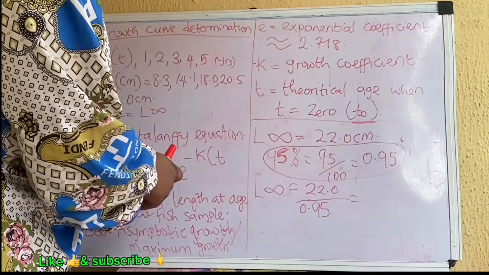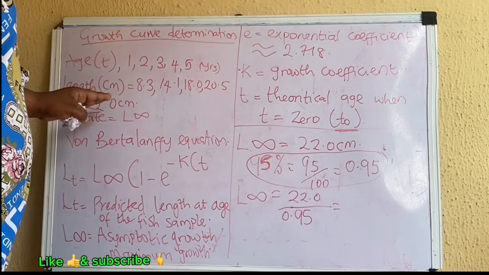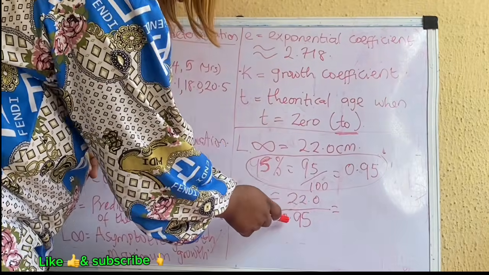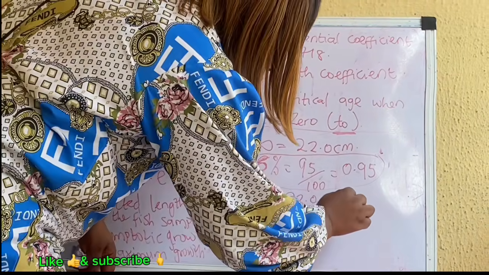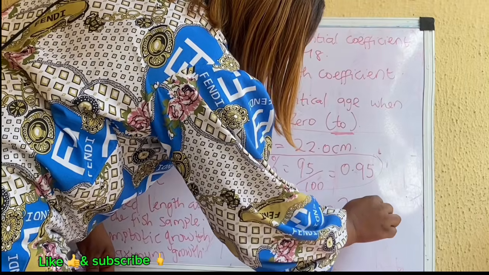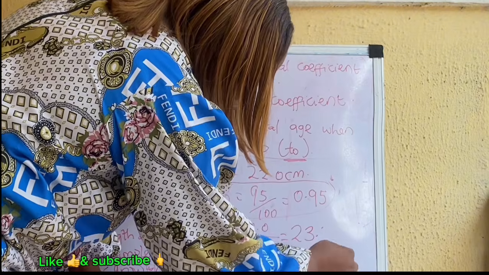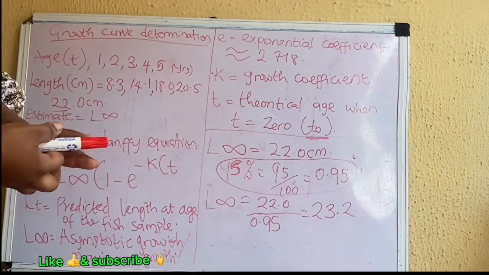So in our data set, the highest value is 22.0. You bring this 22.0 and divide by 0.95, which will give you what? 23.15, approximately 23.